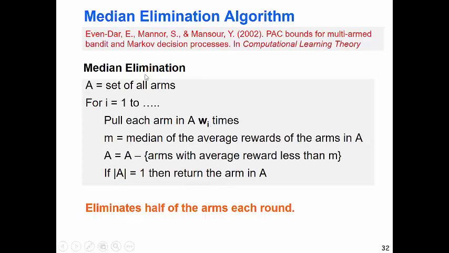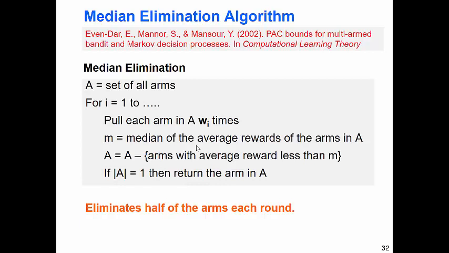So how many rounds roughly are we going to have to go through, at max? Log, right? So it's going to be log number of arms rounds, ignoring the rounding effects. So this kind of makes sense, right?